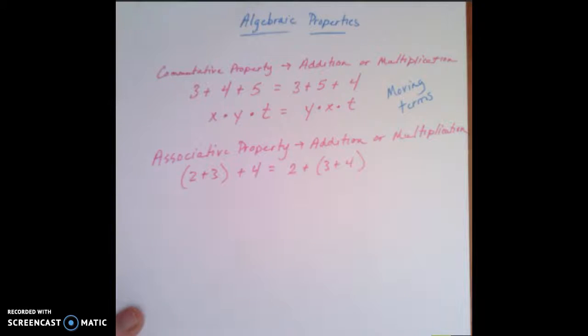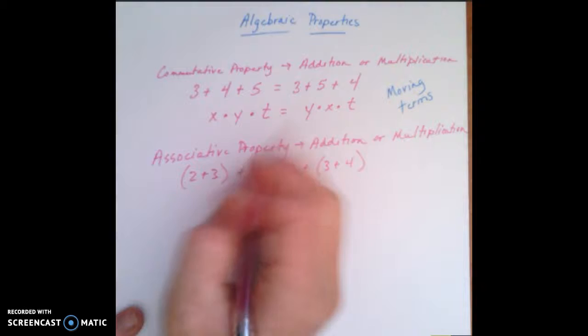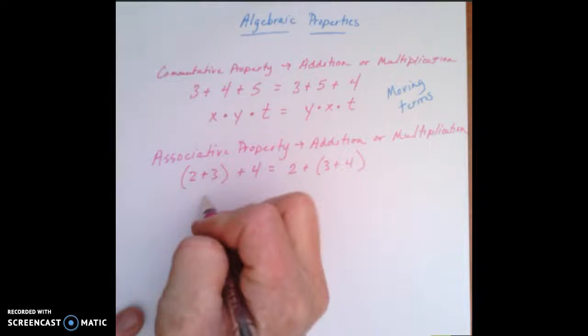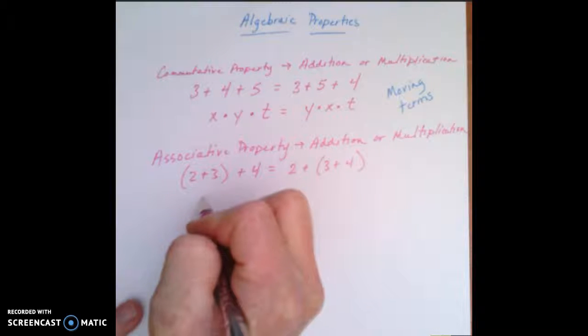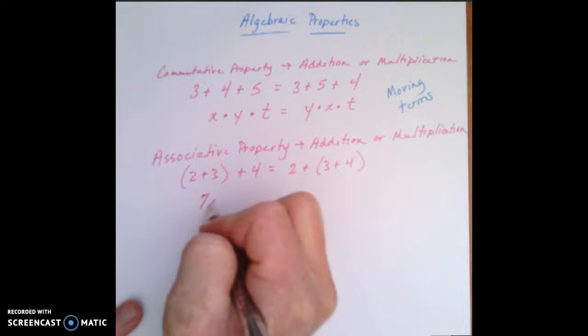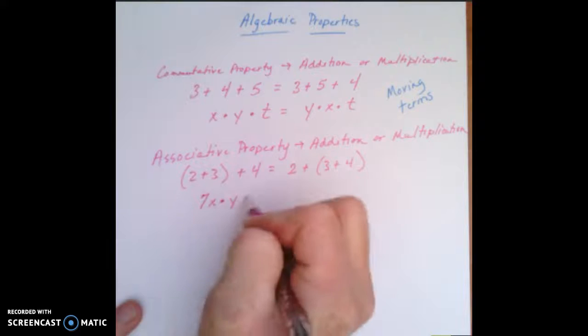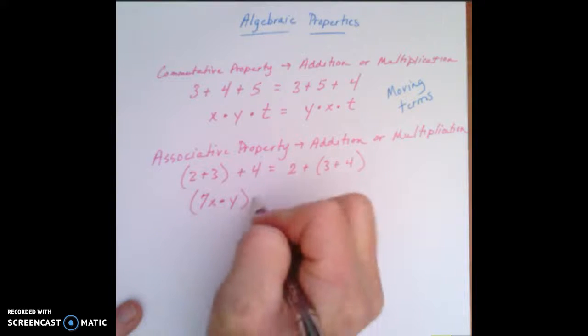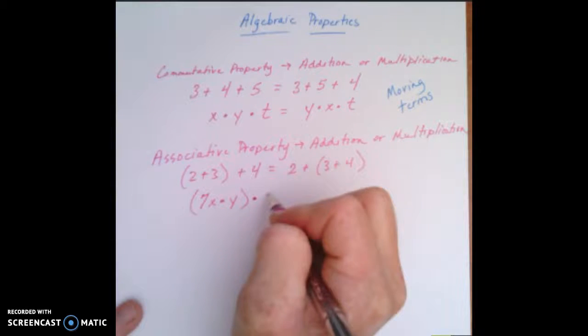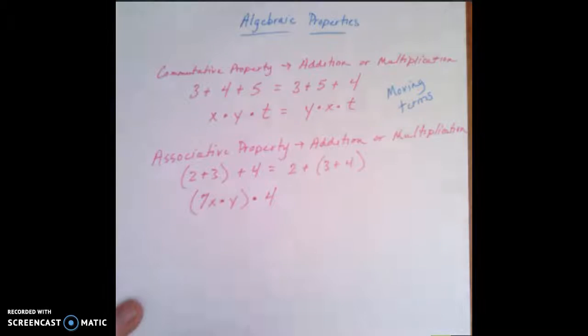For multiplication, it would look like this. 7x times y times 4.